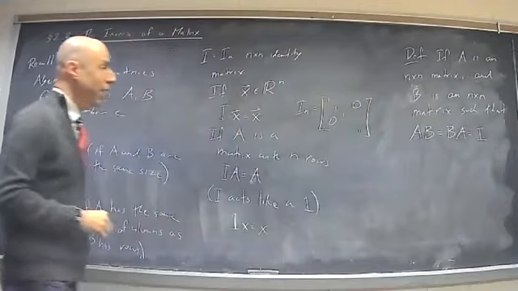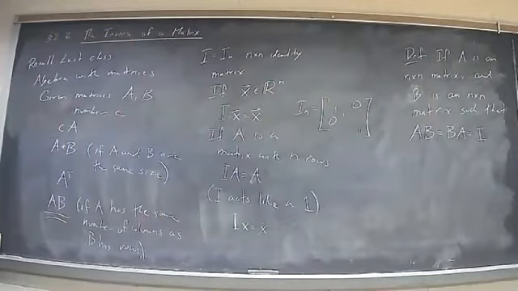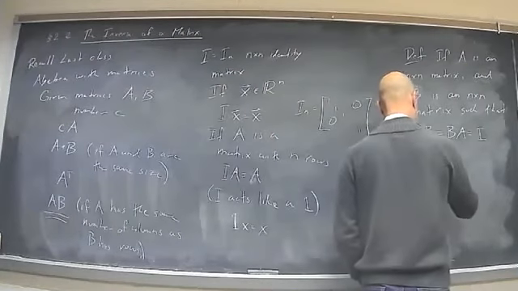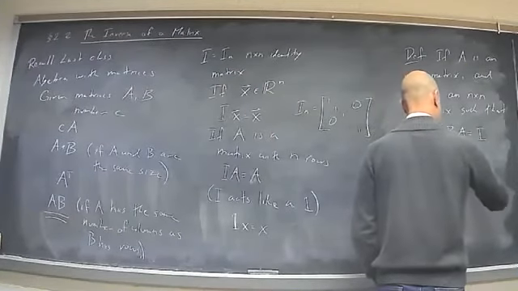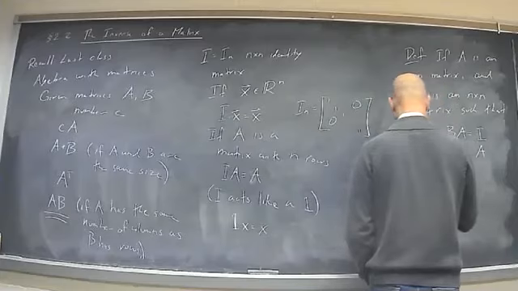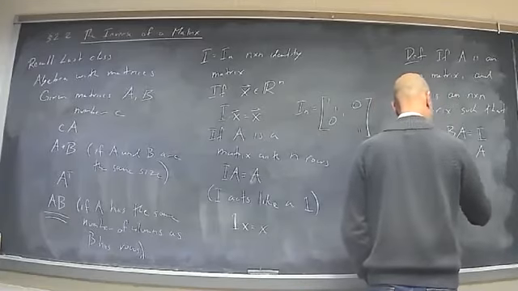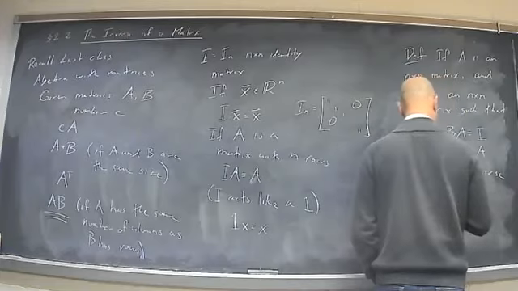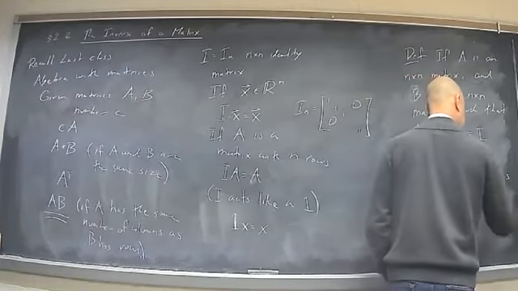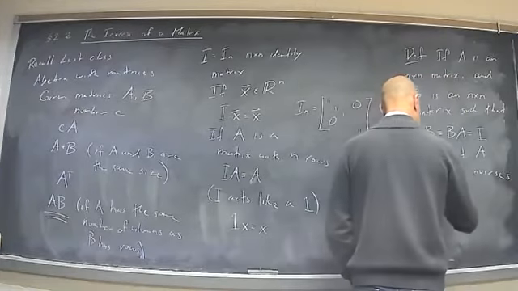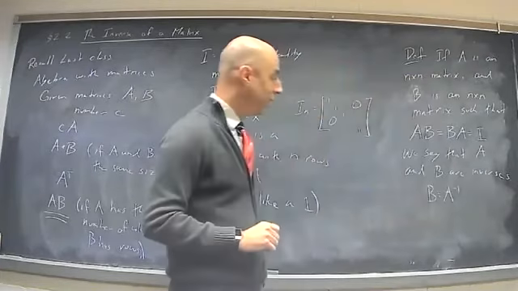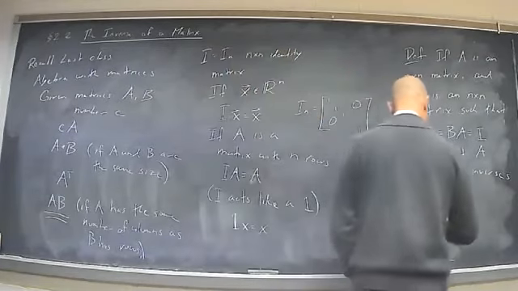So if no matter how you multiply A and B, you get the identity, we say that A and B are inverses. And we can write B equals A superscript minus 1, or A equals B superscript minus 1.